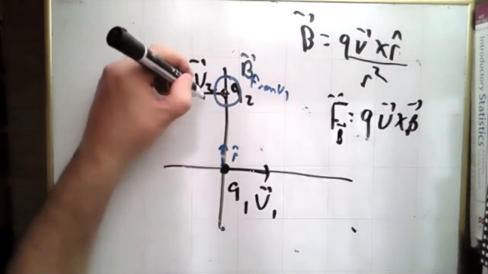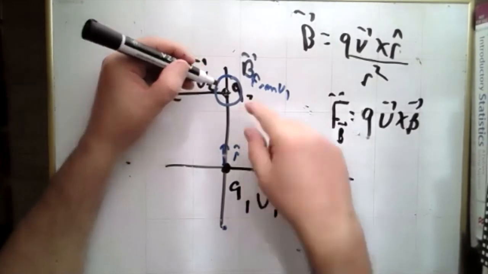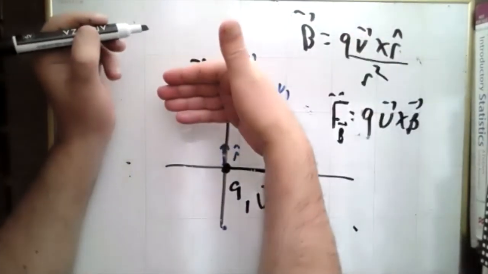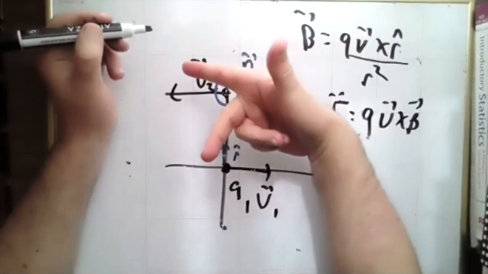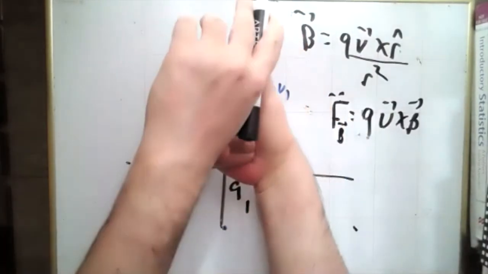I'm talking about the force on this guy from that magnetic field we just found. So I have to do V cross B, or V pointer finger, B straight up. The force will be that direction.